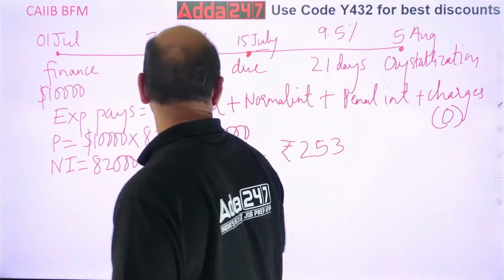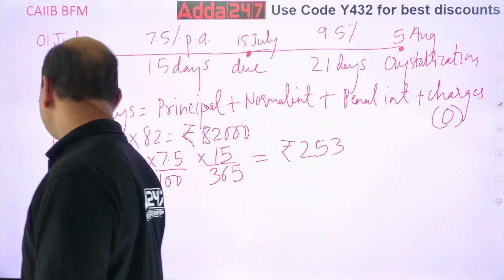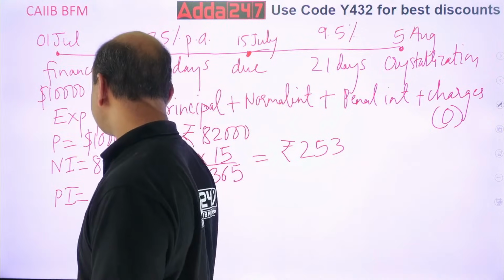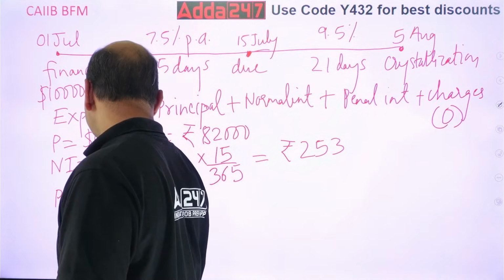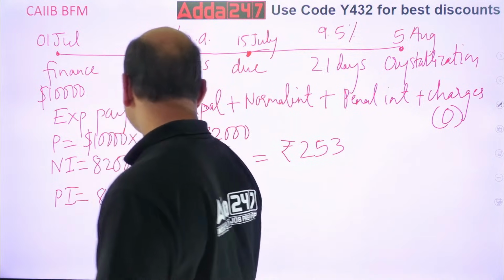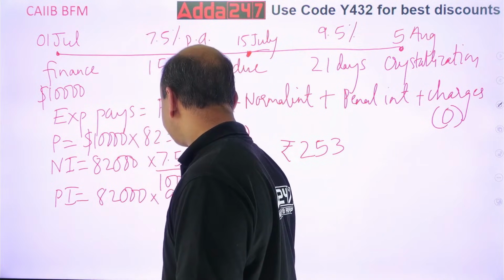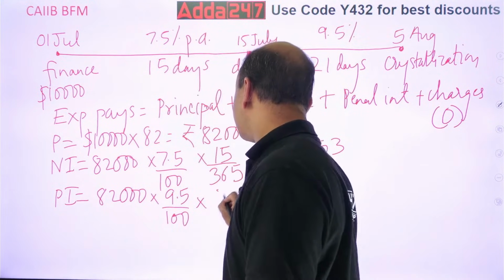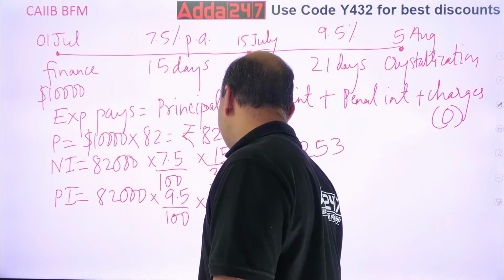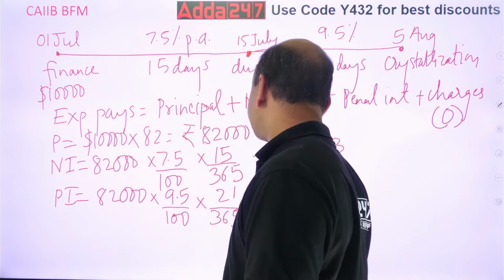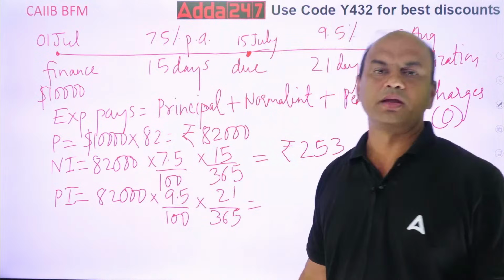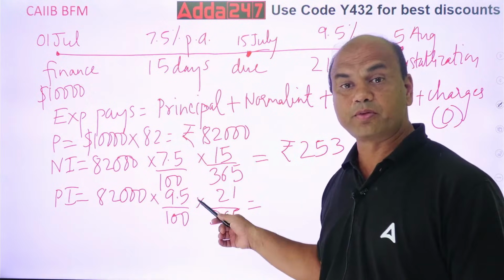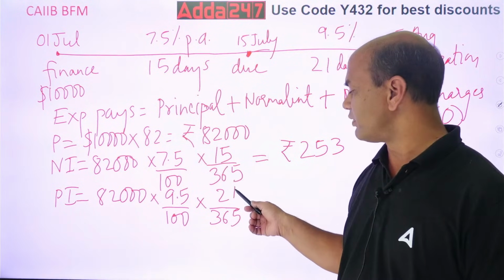Now what about the penal interest, PI? That is again the same amount, 82,000, into 9.5 upon 100, because 9.5 is the penal interest, into 21 days, 21 upon 365.